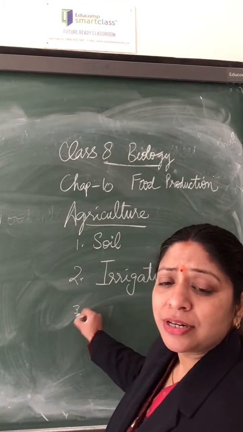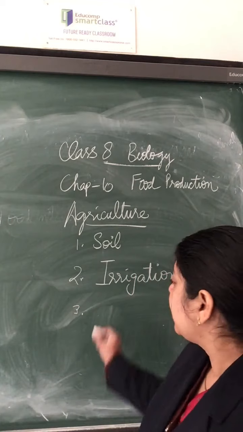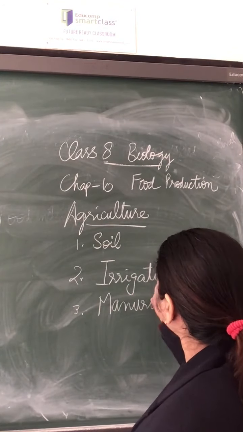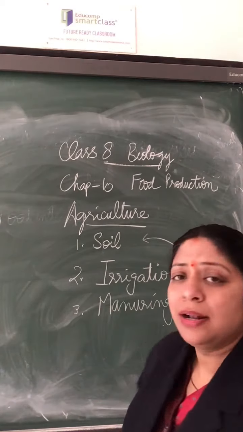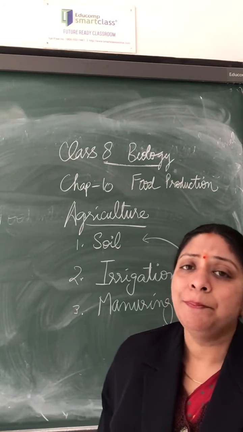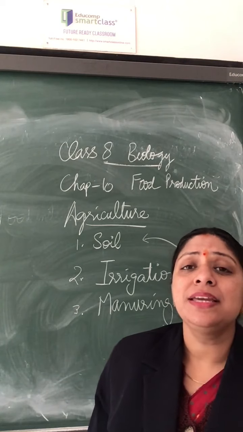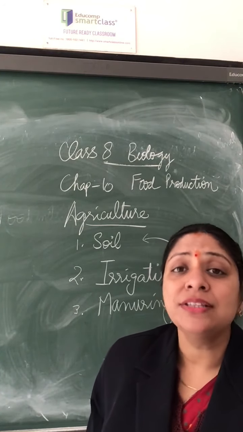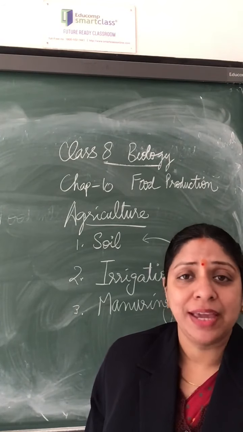The third factor is manuring. Manuring is somewhat related to the soil because manuring means increasing the amount of minerals present in the soil, and this we can increase only when we are putting something healthy.